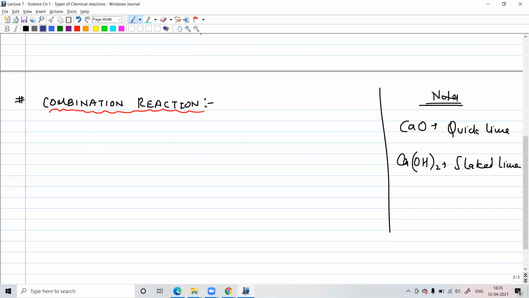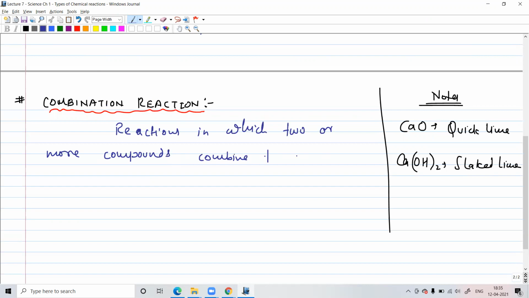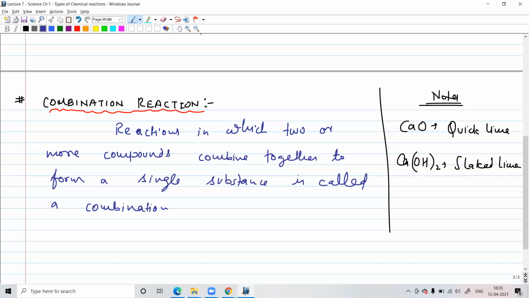You will say that reactions in which two or more compounds combine together to form a single substance is called a combination reaction. And as an example, what will you take?